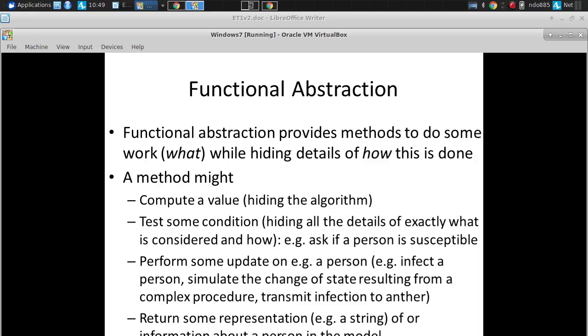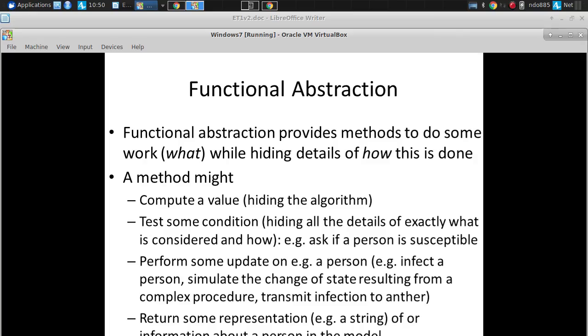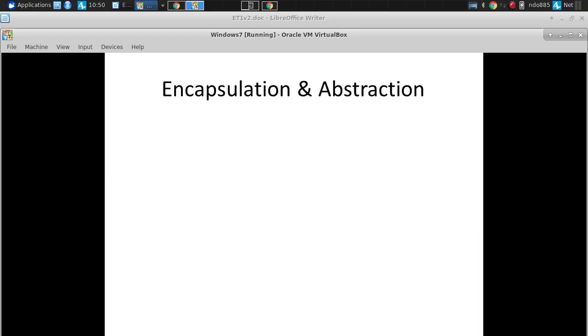Okay, so functions might compute a value, test a condition. It's one of the big things I look for in my students' code. Perform some action to update something, right? Update some data structure, and maybe return a representation of some information or what have you.